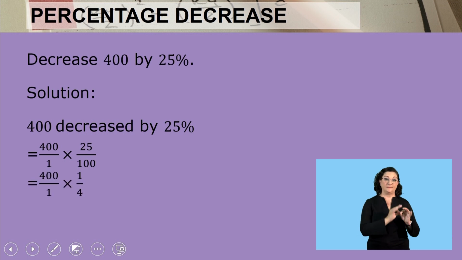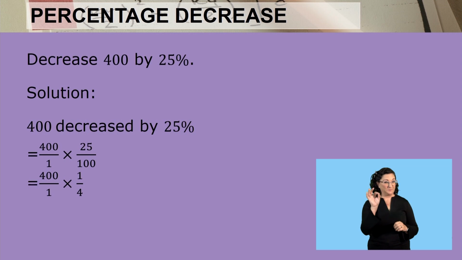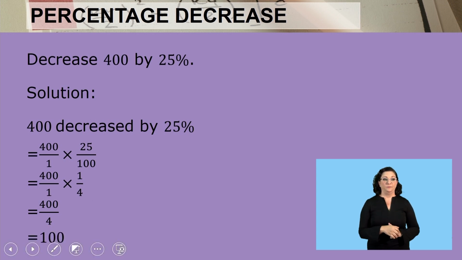And simplify this. You realize that 25% is actually a quarter. And 400 times 1 will give you 400. And 1 times 4 will give you 4. And your final answer will then be 100.